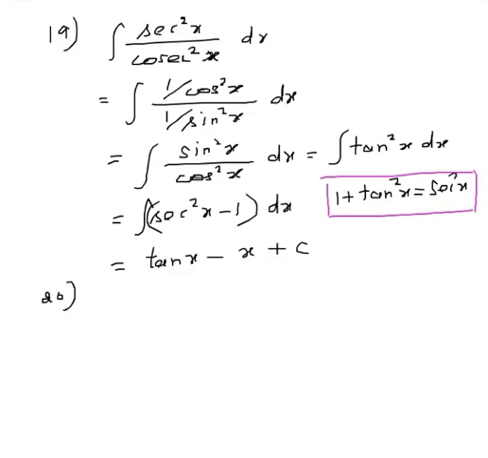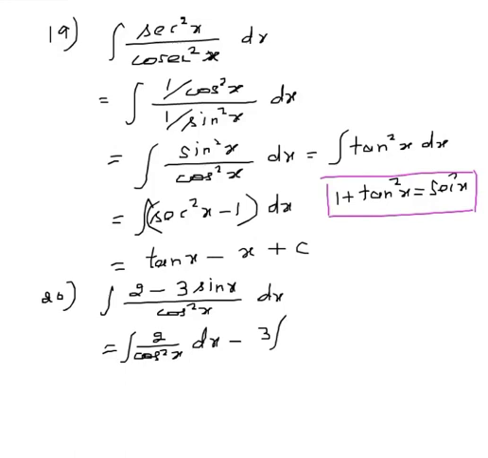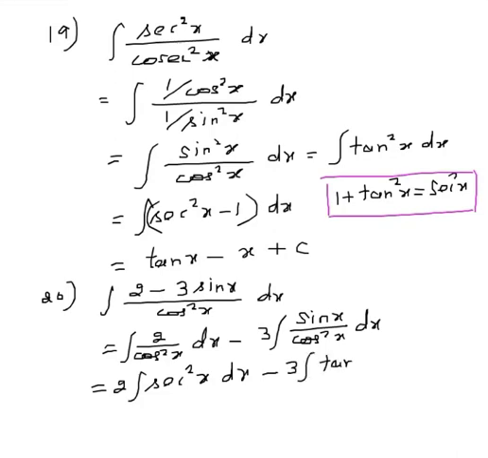Question 20. Integral of 2 minus 3 sin x over cos square x dx. Let us separate the terms. This becomes 2 divided by cos square x dx minus 3 times the integral of sin x divided by cos square x dx. 2 into the integral of 1 by cos square is secant square x dx, minus 3 times the integral of sin by cos is tan x and 1 by cos is secant x.